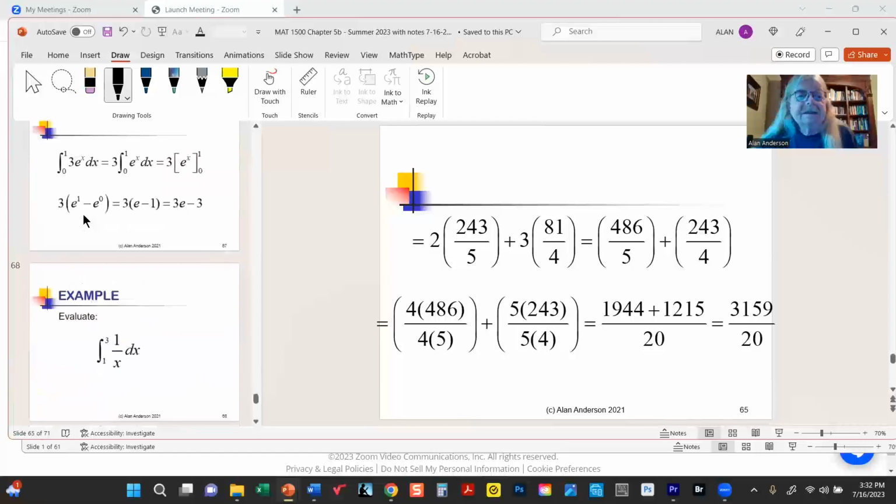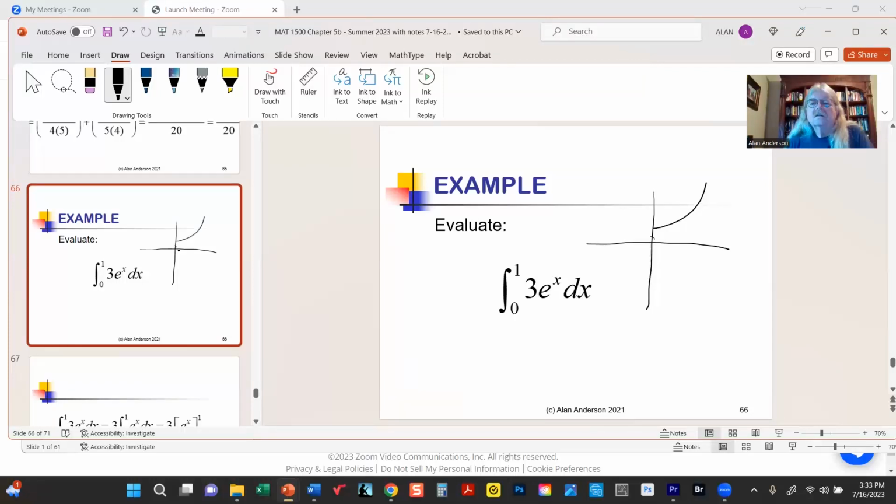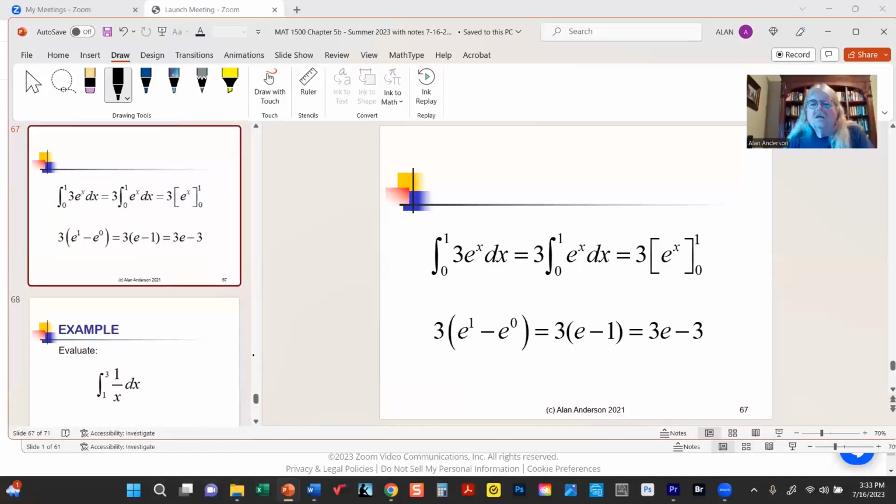All right, there's one more here. So here we're looking at 3e to the x over the area from 0 to 1. That would look something like this. Okay, so we can rewrite this.